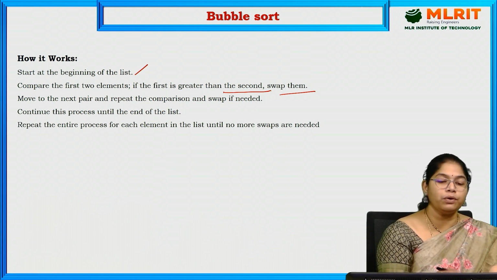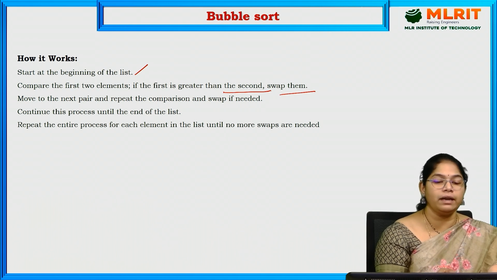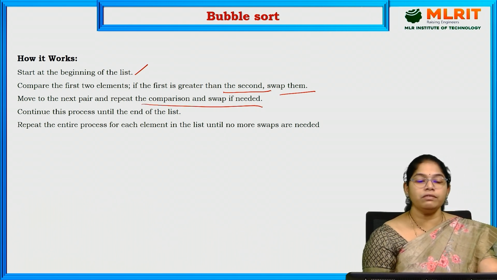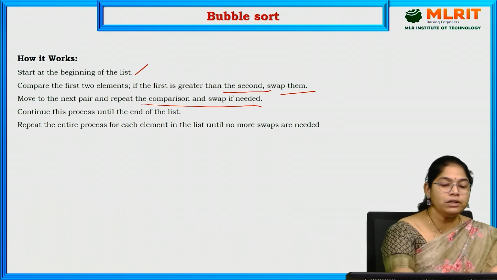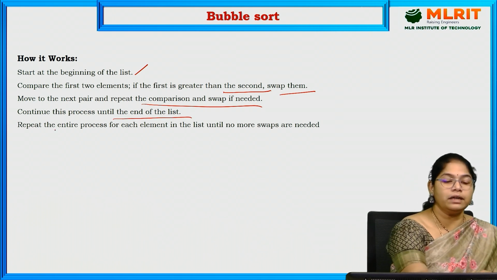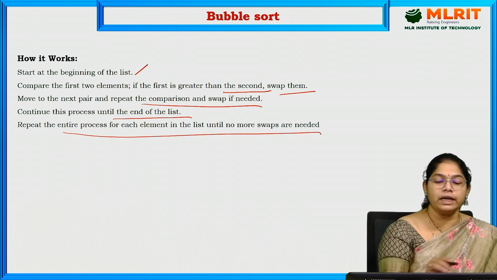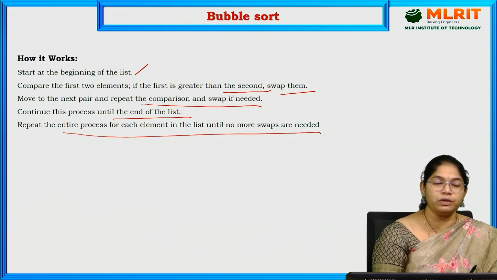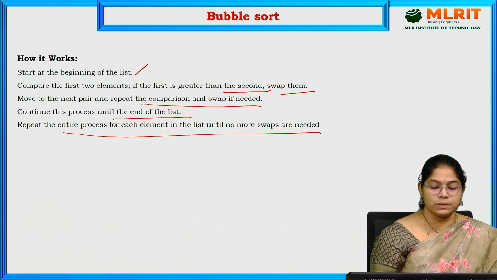We go with the next adjacent elements and repeat the same comparison, swapping if needed. Continue this process until the end of the list. Repeat the entire process for each element in the list until no more swaps are needed. That means all the elements are in their correct positions.